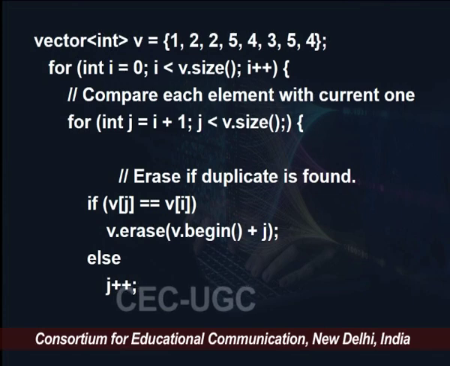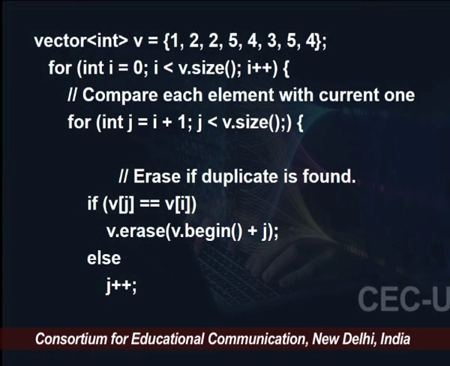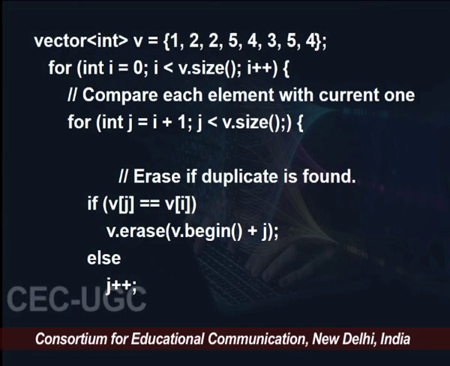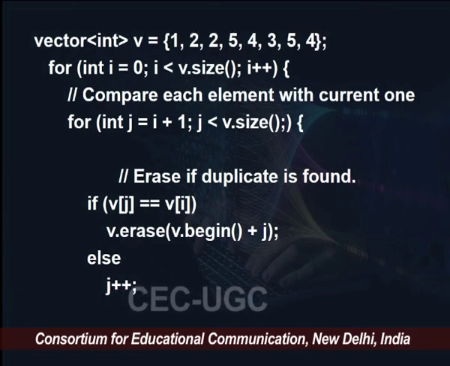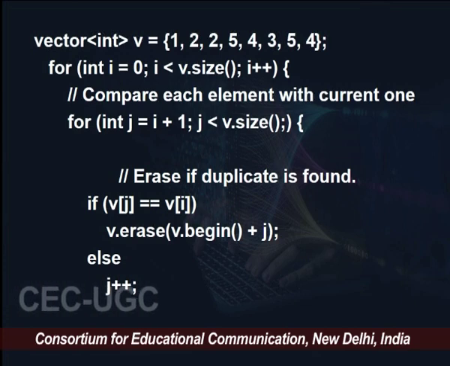So we take two neighboring elements which are stored in v[i] and v[j], and if v[j] is equal to v[i], then we are going to erase it.